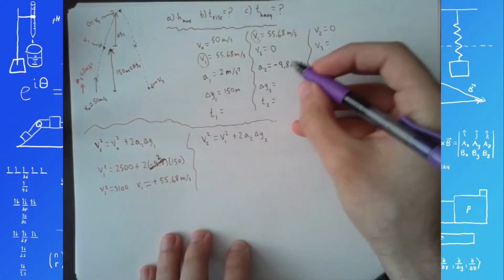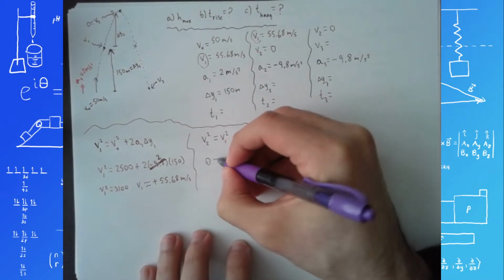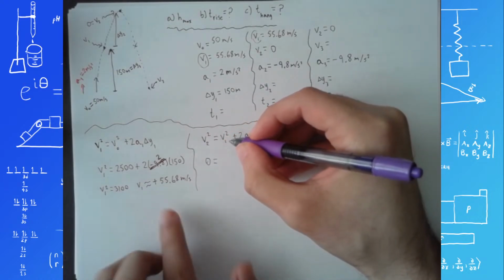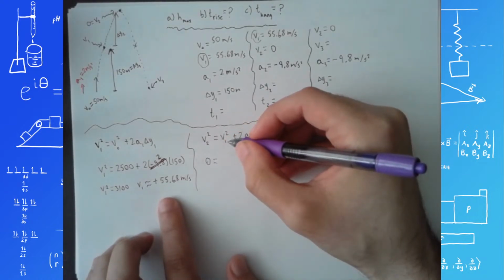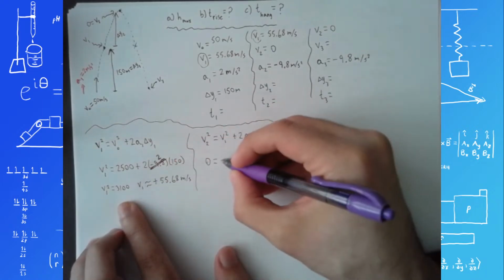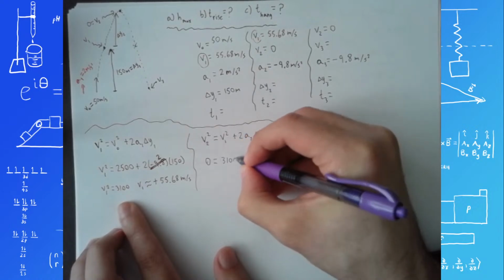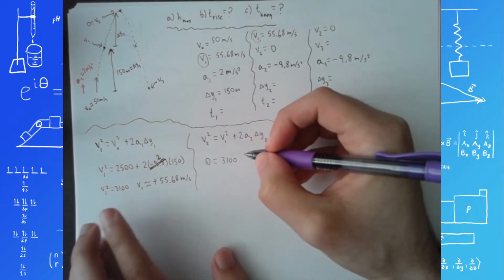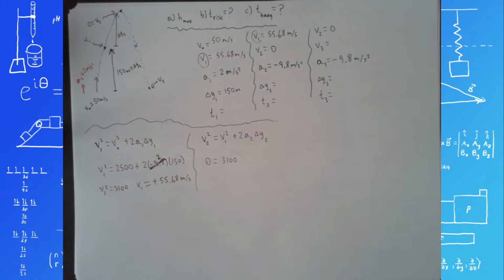So v2 squared, that's just 0 squared, equals v1 squared. I could put 55.68 into my calculator and square it, or I could be more precise and say v1 squared is 3100. But that leaves out the rounding error. So that's what I would prefer going with.